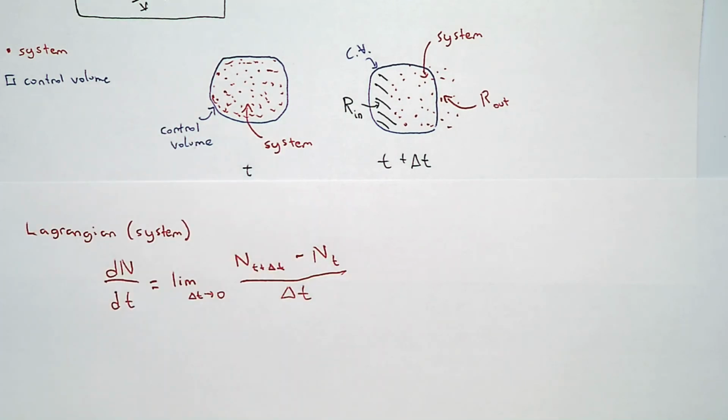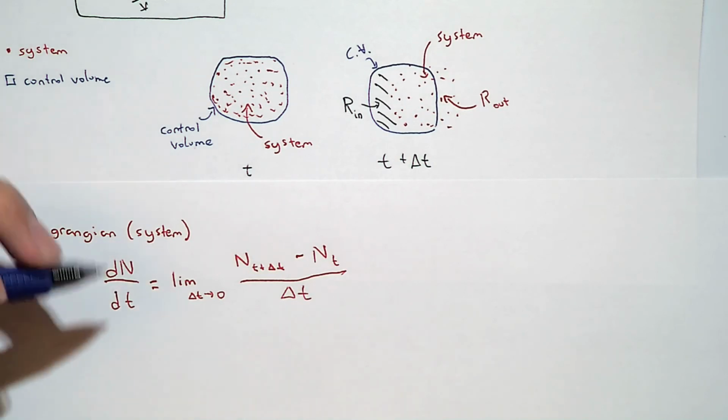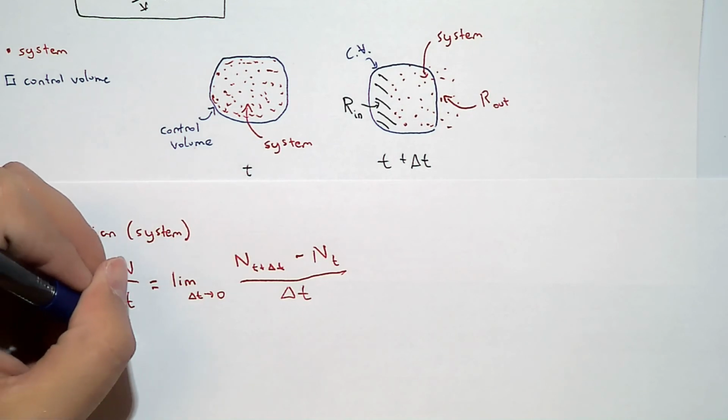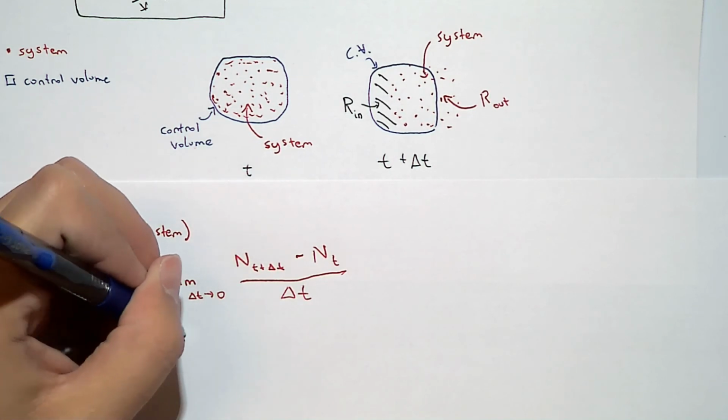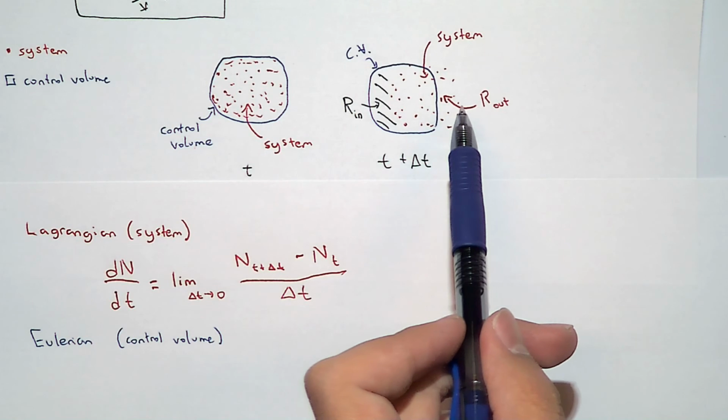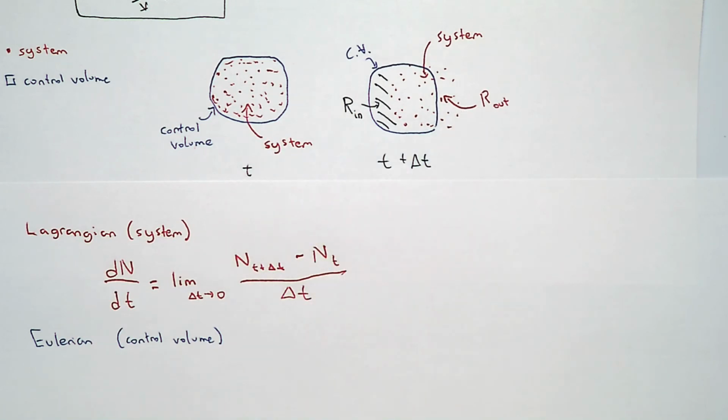Now that is Lagrangian. However, if we're looking at the control volume, in other words, the Eulerian view, then the rate of change of the extensive property with respect to time won't be just this derivative. It's going to have to consider how much property left the volume and how much property entered the volume.